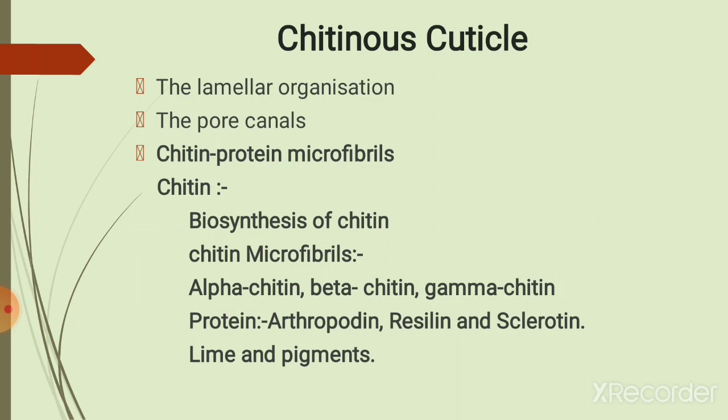Each crystalline consists of 16 to 21 chains forming 3 sheets, each containing 6 or 7 chains. It consists of 3 polymorphs, that is alpha, beta and gamma chitin. All 3 polymorphs occur in insects as microfibrils.